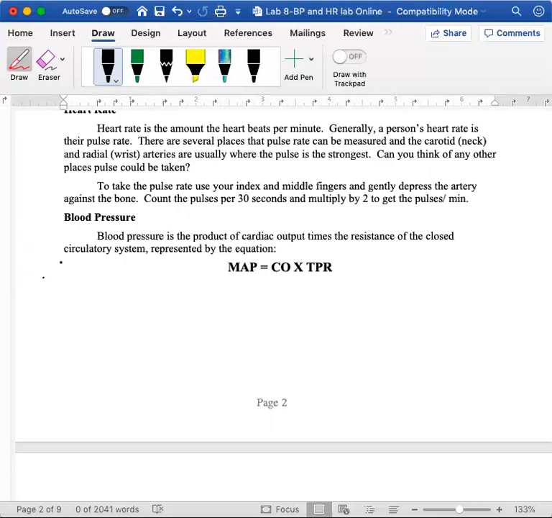So that 110, right? What does that denote? What pressure is that? Good. So this is your systolic blood pressure. And the 70, the bottom number, is actually your diastolic blood pressure.